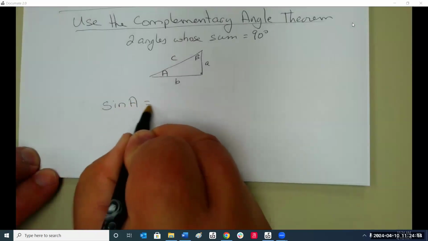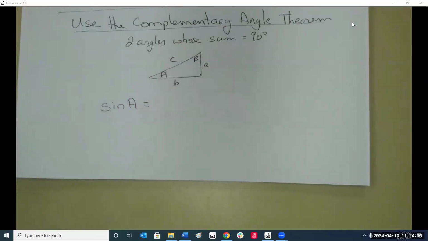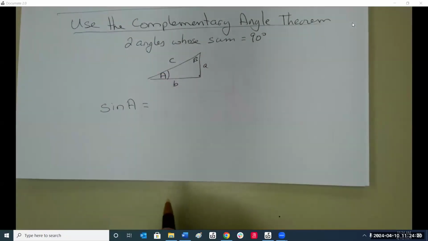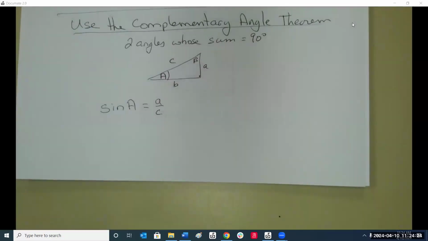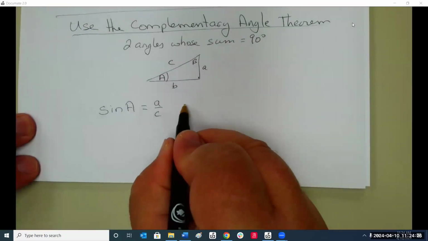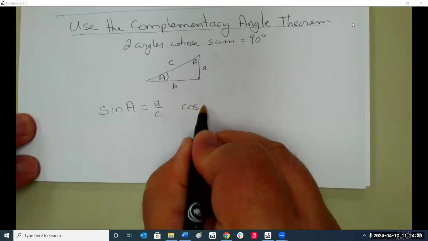Sine of angle A is what? Here's angle A. A over C. What's the cosine of B?